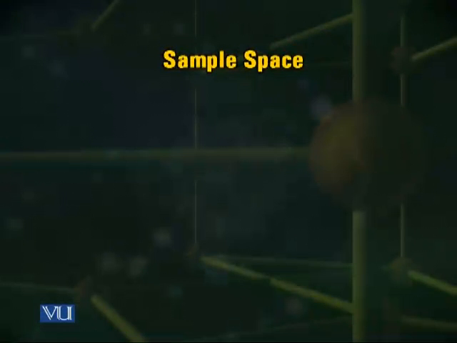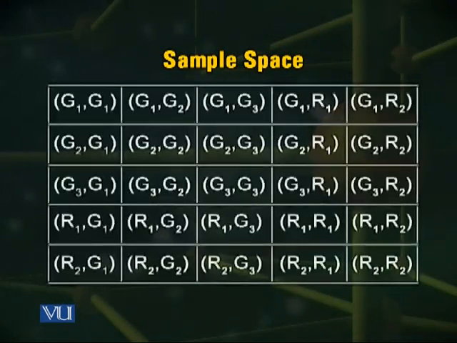Let's look at the sample space of this experiment. The first part of the experiment will have 5 possible outcomes. Let's call these outcomes green 1, green 2, green 3, red 1 and red 2. These are the 5 balls in the sack. And the second part of the experiment also has green 1, green 2, green 3 and red 1, red 2.